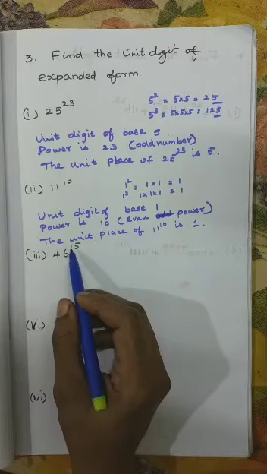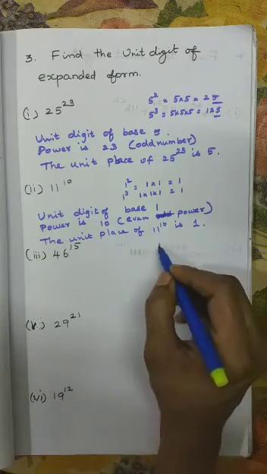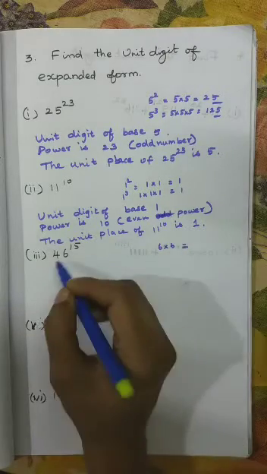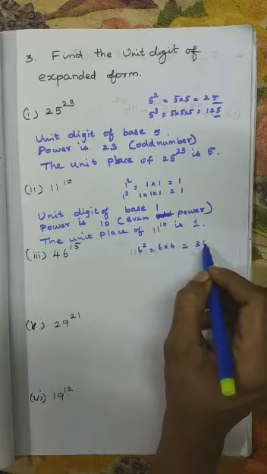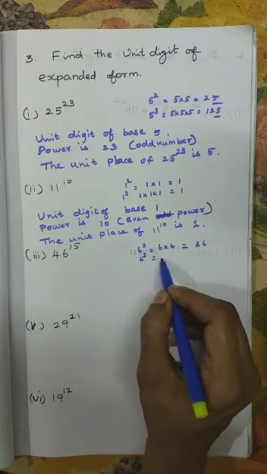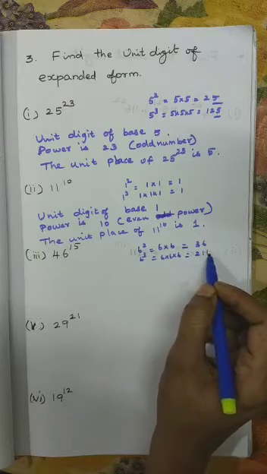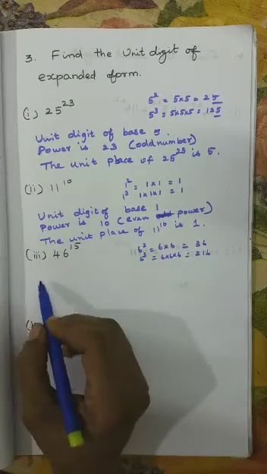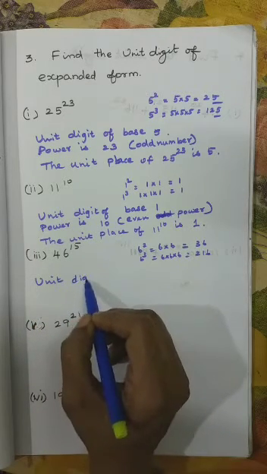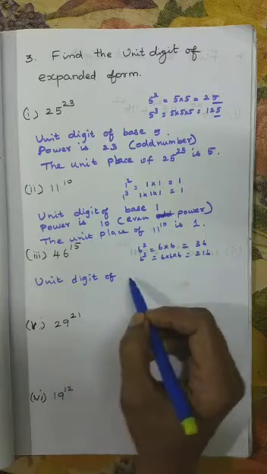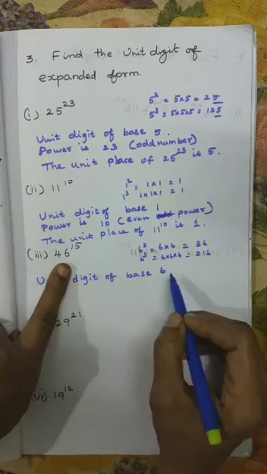Okay. Then we shall see the next sum. 46 power 15. Here the power is an odd number. So 6 into 6 is equal to 36, see the units place, it is 6, isn't it? 6 cube means the units place is also 6, 216. You have seen that the units digit of the base is 6.